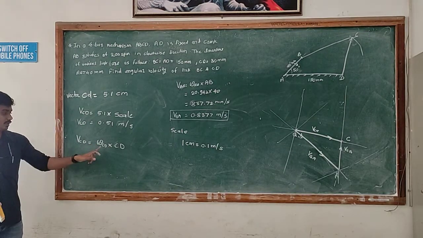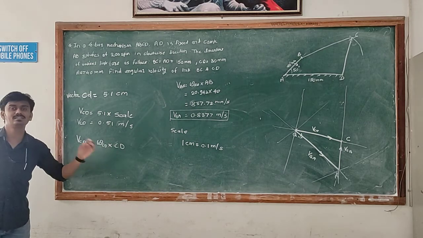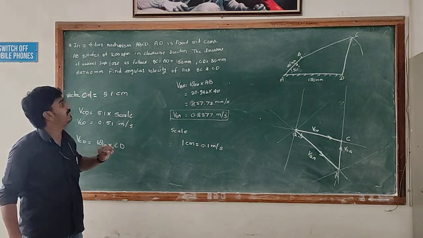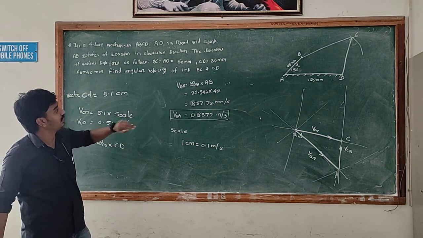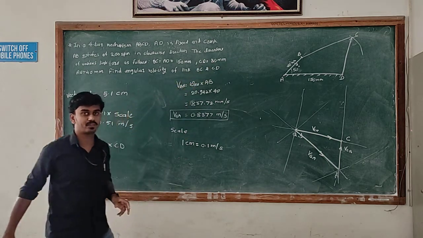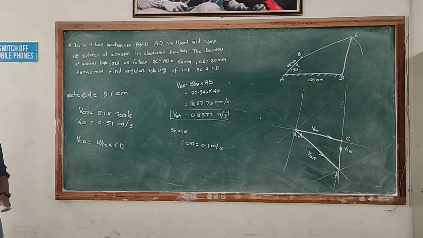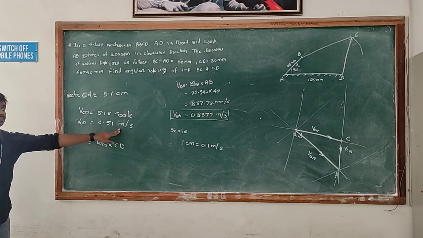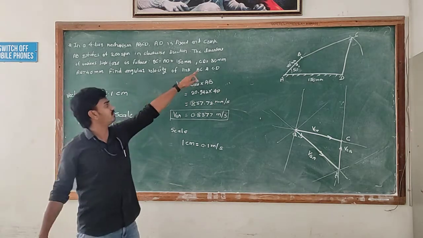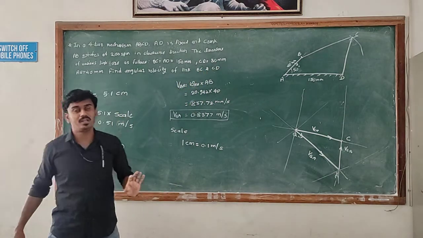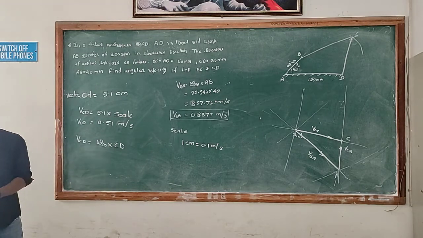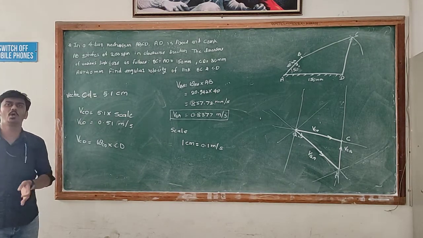Here distance CD is 80 mm, and this velocity is in meter per second, so convert 80 mm into meter, so it becomes 0.08 meter.